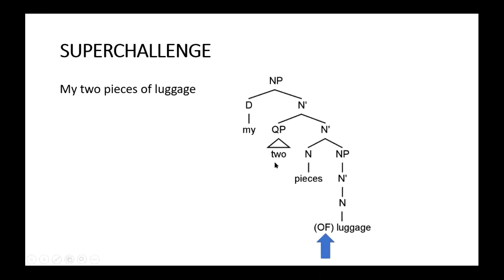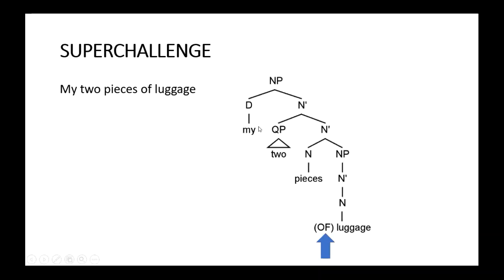Now, two is a quantifier, and quantifiers are modifiers. Because this is a modifier, it has to appear in an extra n bar. Now, possessives are determiners, and determiners are specifiers. So this has to appear as a D in a specifier position.